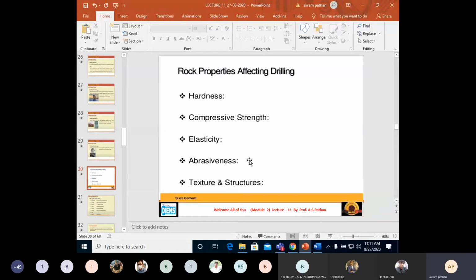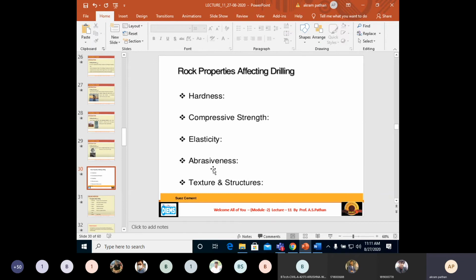If the nearby area is damaged when you punch the hole, then the entire work may go wrong. So you should know where we should drill, and these properties play an important role. That is abrasiveness.